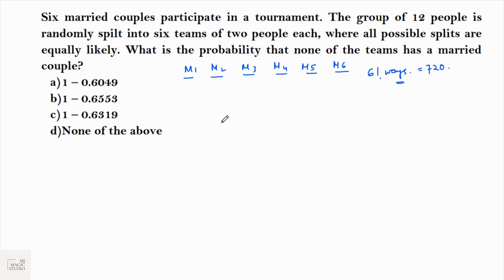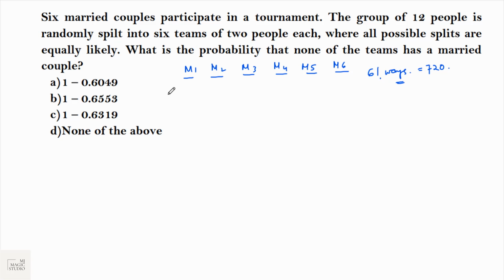Now again we need to find out how these 6 females would be arranged in these 6 places such that female 1 is not matching with 1, female 2 is not matching with 2, female 3 is not matching with 3, and so on. This very concept is known as derangement and not arrangement.